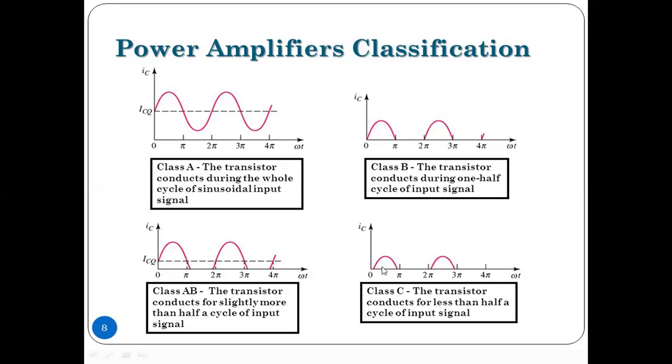And if you observe the figure, here we get the cycle only in between 0 and pi, which is less than 180 degrees, because in the class C power amplifier, the transistor conducts in that period only. The remaining cycle is absent. Again, if you apply a full cycle, we get less than 180 degrees only, that is 2 pi to 3 pi. So this is the case of the class C power amplifier.